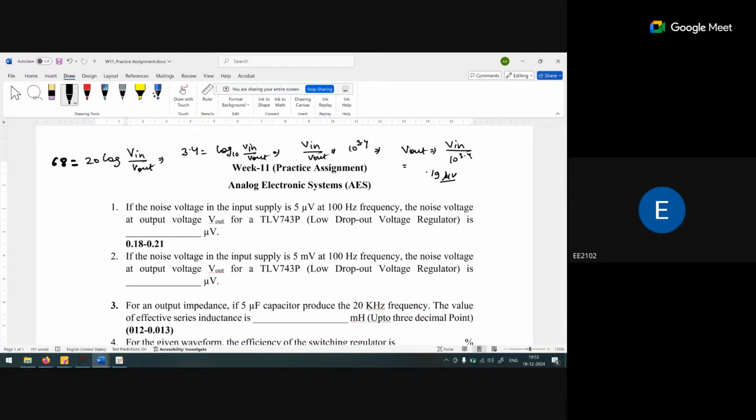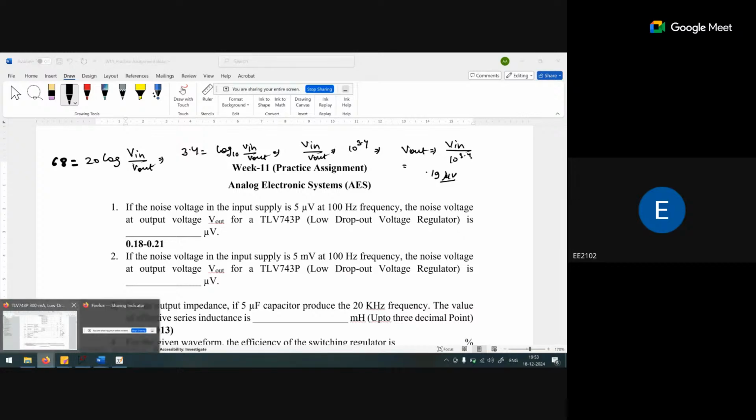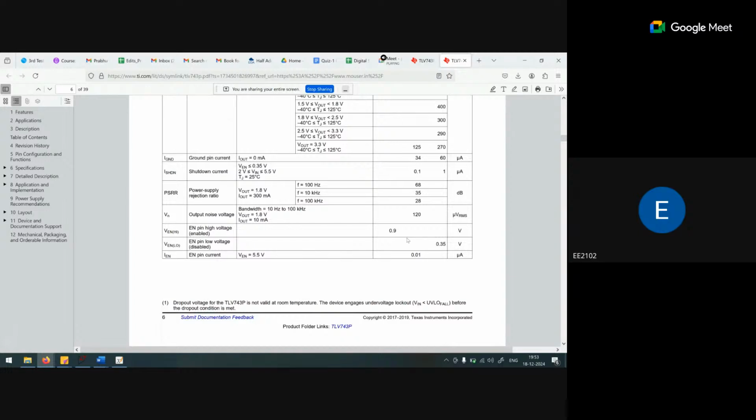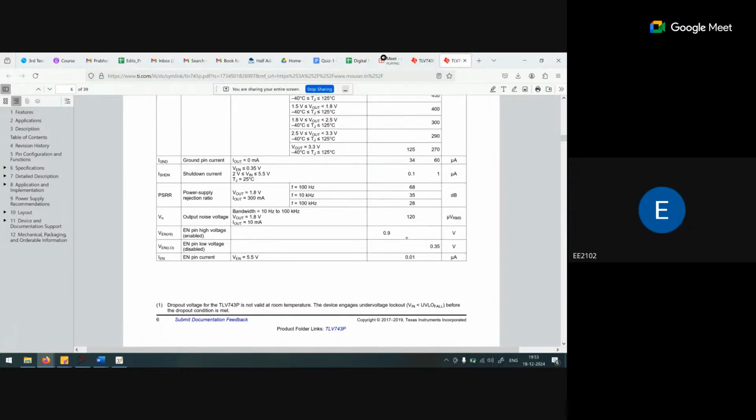The 68, basically, if you check the datasheet 743p, it is 68 dB at 100 hertz. So you have to check at what particular frequency we are talking. If we are talking about 100 hertz, it is 68. If it is 10 kilohertz, 35, and at 100 kilohertz, 28. So the value is 68.